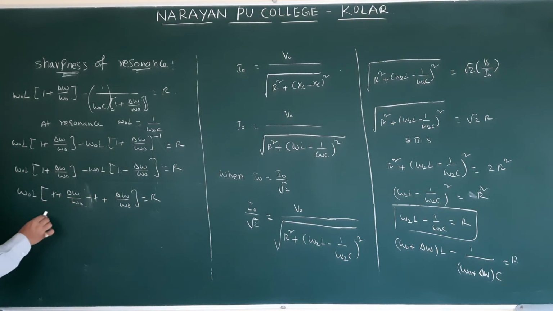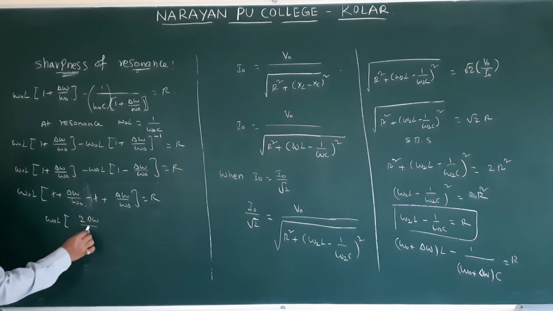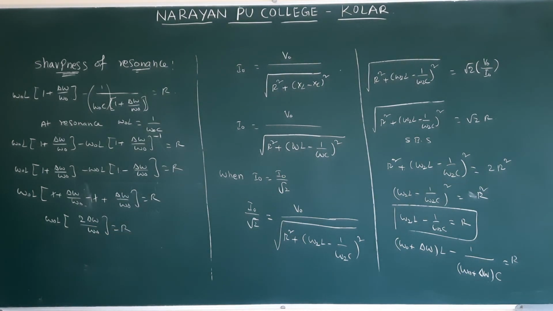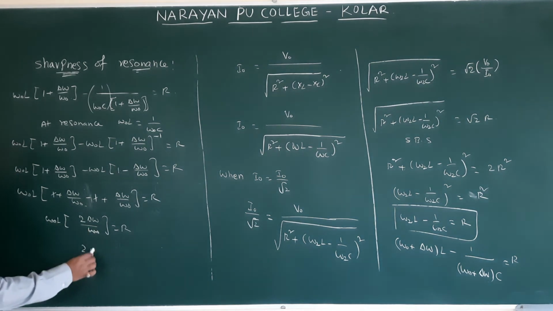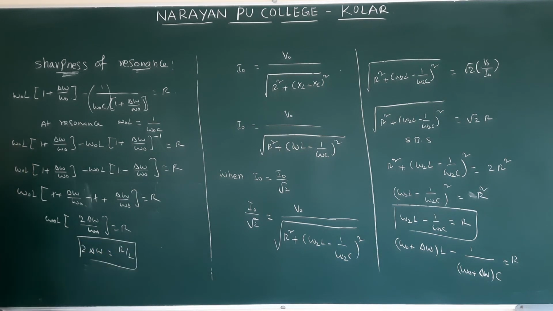What will be remaining? Omega naught into 2 delta omega by omega naught is equal to R. Isn't it? So then omega naught will be cancelled. 2 delta omega is equal to R by L.